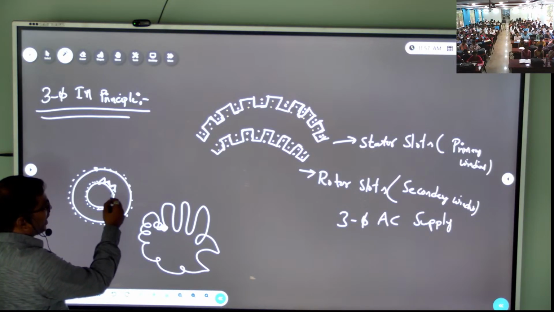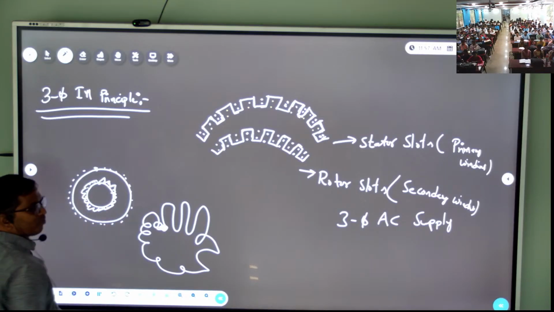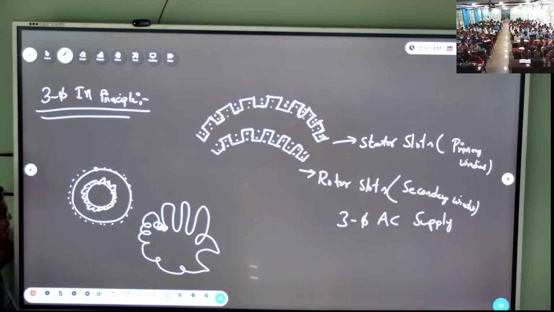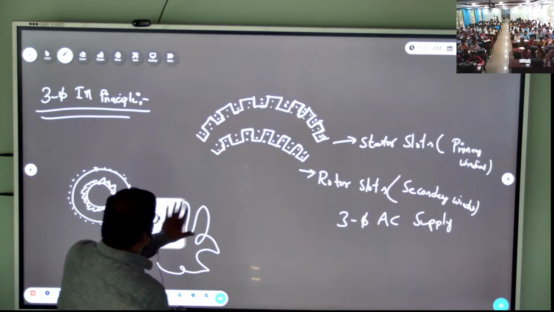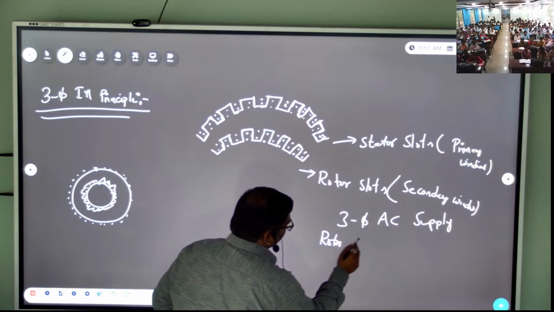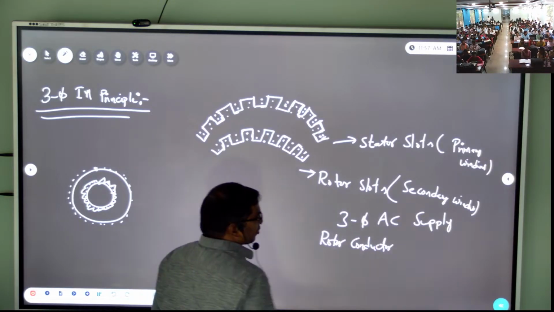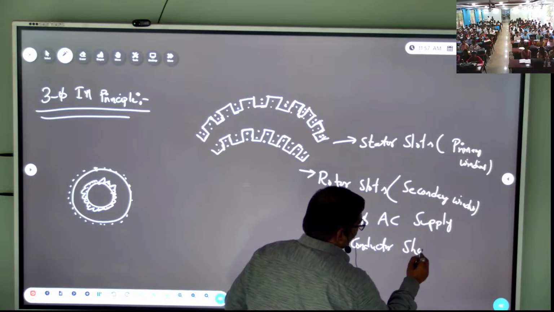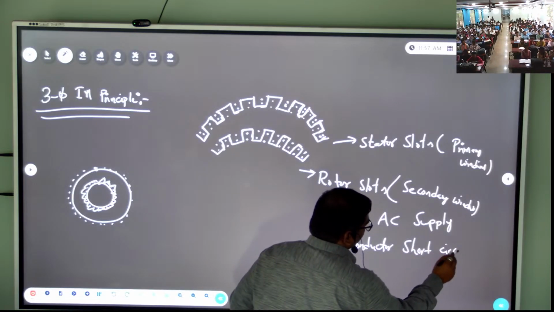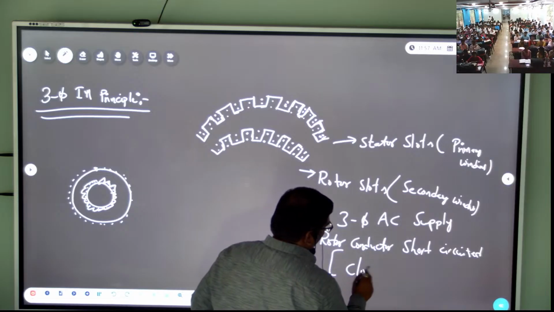In the slots there is continuity of copper wire. That means the rotor conductors are short circuited, or you can say they are in a closed condition.